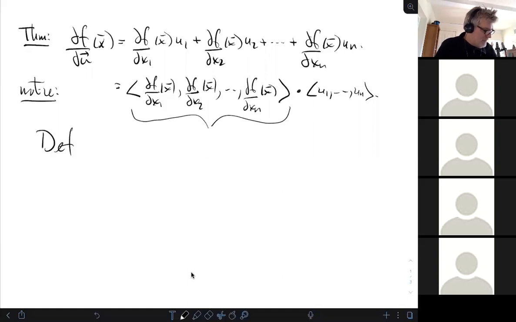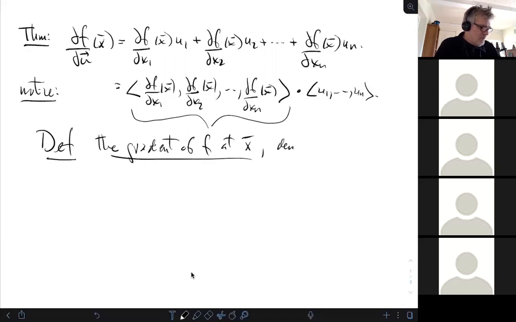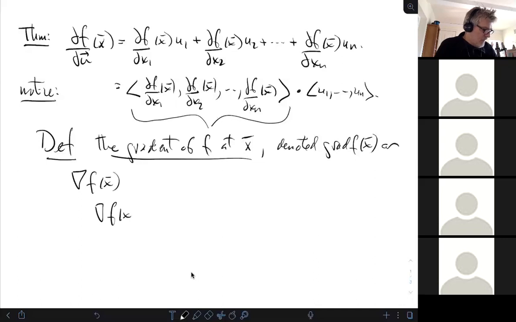So let's define this. The gradient of f at x bar is denoted grad f at x bar, or you might see this notation, which is the one that I'm going to be using. And what is this vector? It's precisely this vector. You evaluate all the partial derivatives of f at the point you are interested in, x bar.